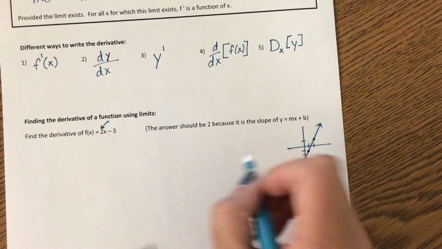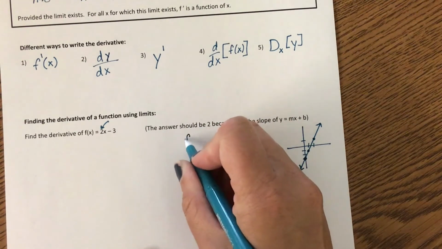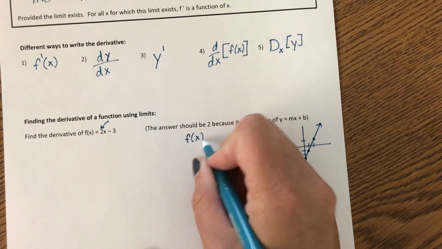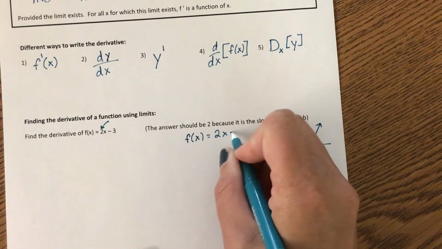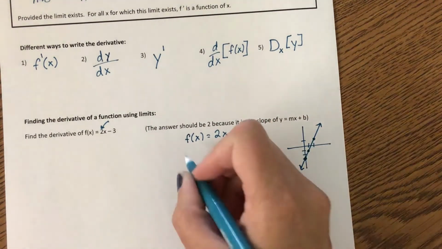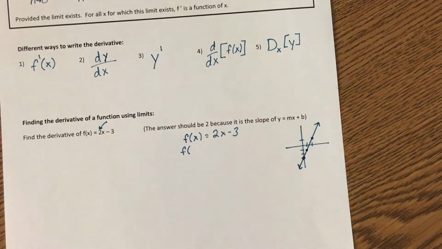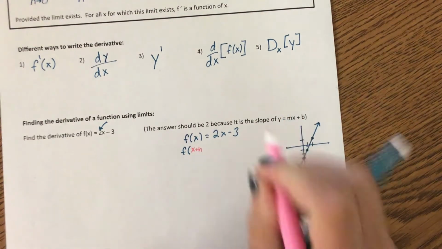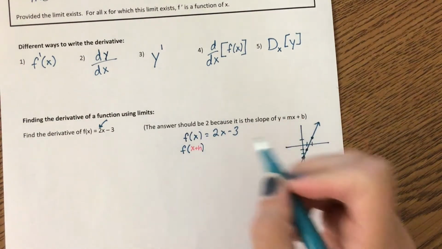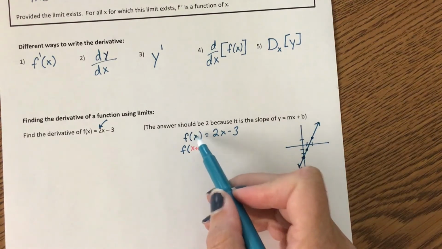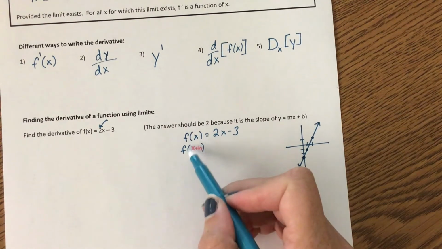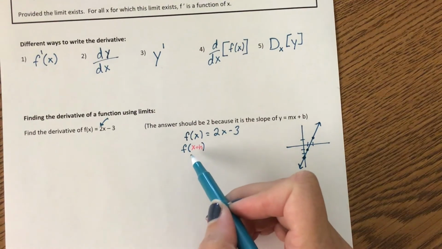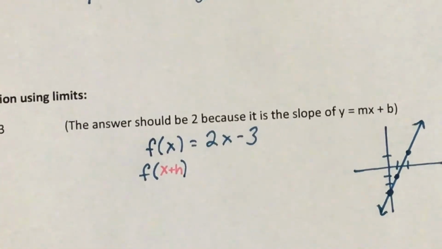So over here, I'm going to do some side work. f of x is 2x minus 3. f of x plus h, what that means is that everywhere we saw an x in the original problem, we're instead going to put parentheses, and inside the parentheses put x plus h.